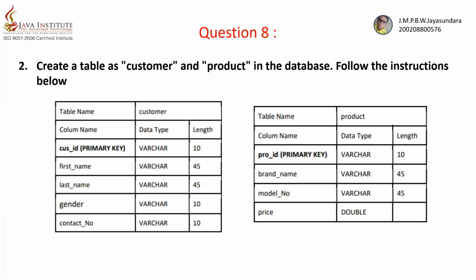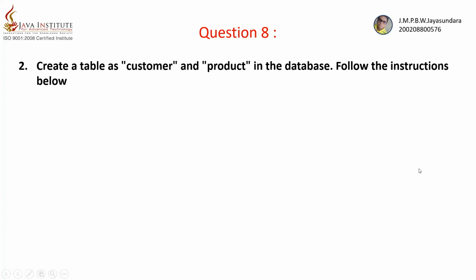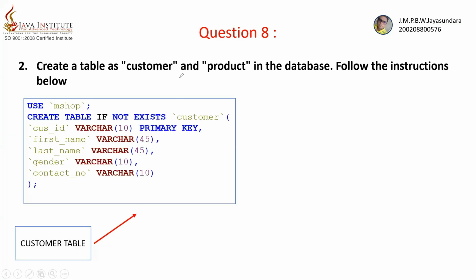After that, here we have our second question: create a table as customer and product in the database. Follow the instructions below. And here we have our instruction to create two tables. When we create a table using a query, first we need to define what database we are using. We have used this part to create our table.